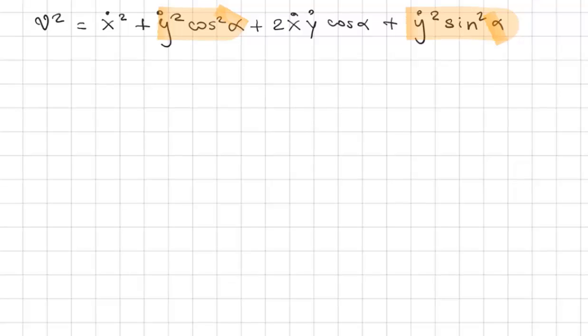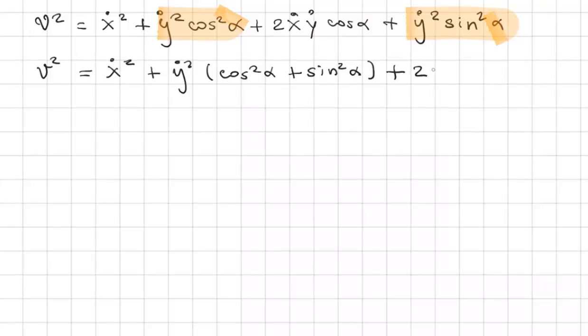I take the common factor y dot squared out of the highlighted terms, and we get v squared equal to x dot squared plus y dot squared times cosine squared of alpha plus sine squared of alpha, plus 2 x dot y dot cosine of alpha.